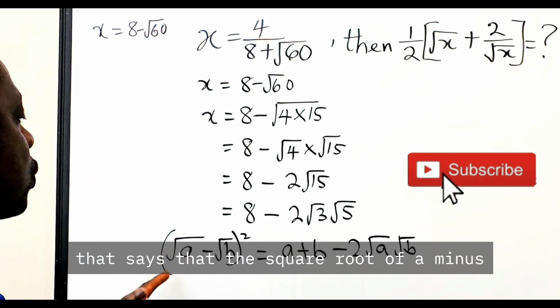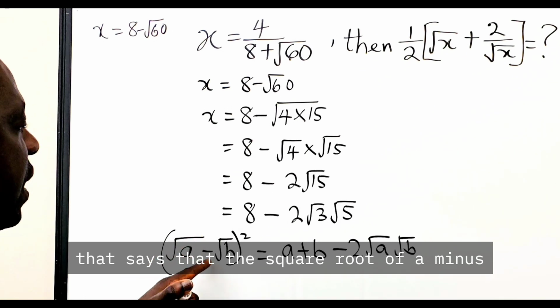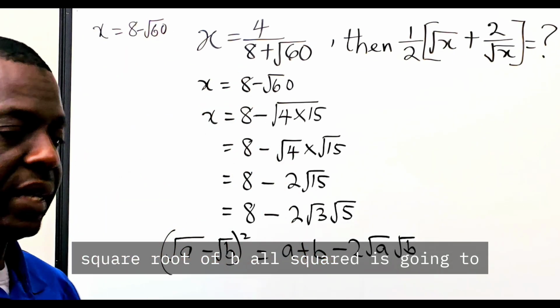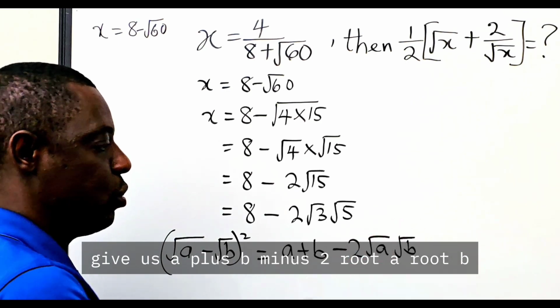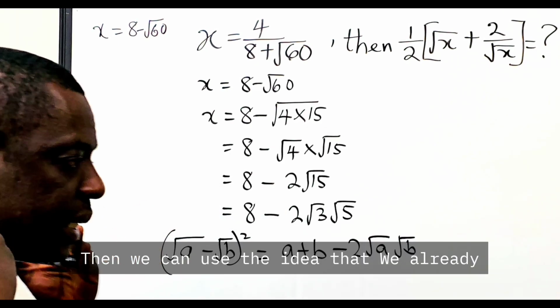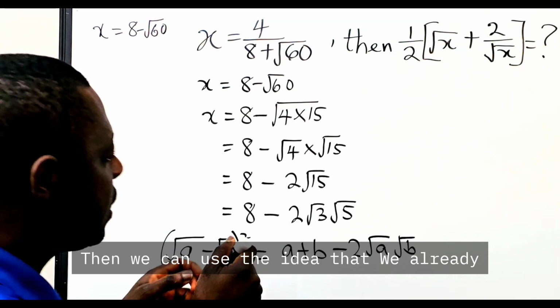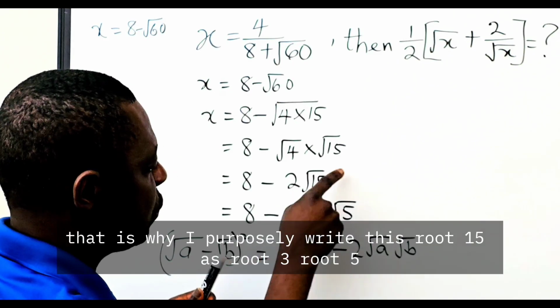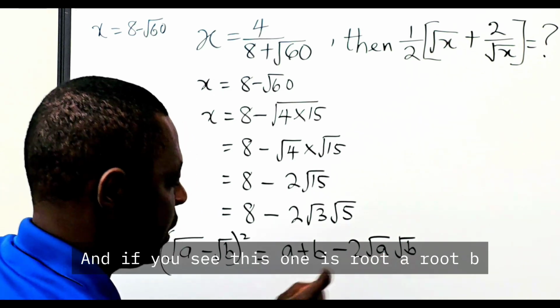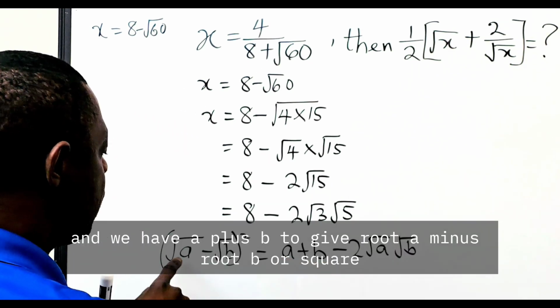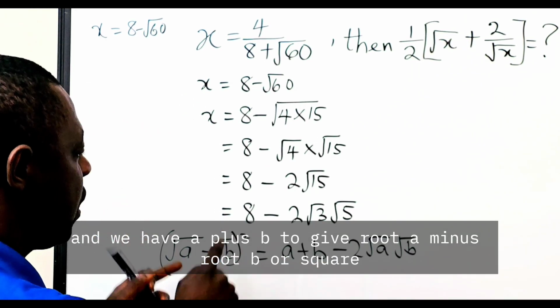That is why I purposely wrote this root 15 as root 3 root 5. You see, this one is root a root b, and we have a plus b to give root a minus root b all squared.